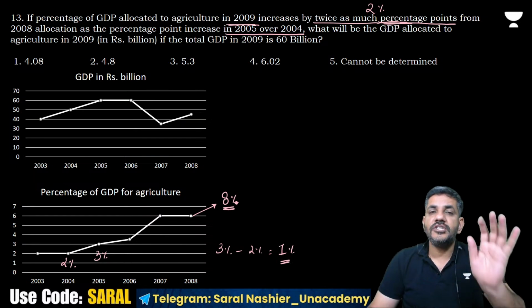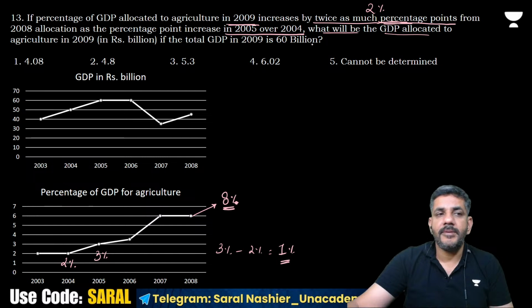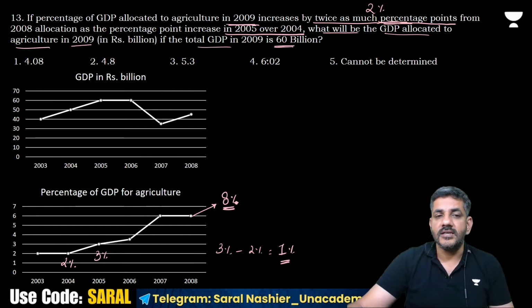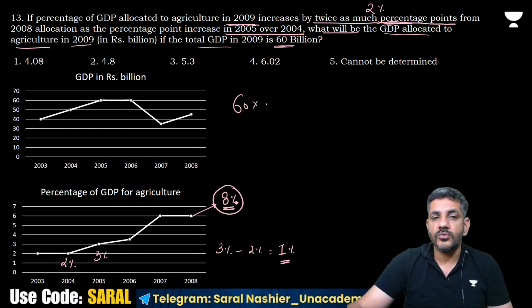That is the GDP allocation in 2009. Now the question asks what will be the GDP allocated to agriculture in 2009 if the total GDP is 60. The total GDP is 60 and the allocation is 8%, so it is 8% of 60, which is 4.8 billion rupees.